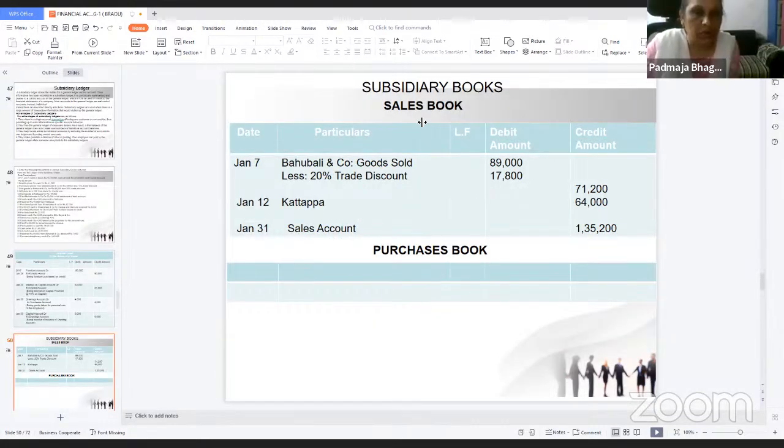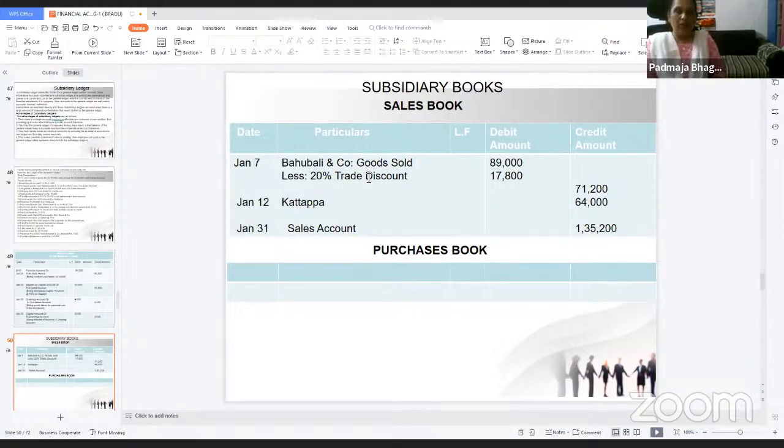Then sales book. In the sales book also, you will be writing that Bahubali and company have sold the goods for 89,000. They will be maintaining the 20% discount on this amount, so you have to take it: 89,000 minus 17,800 is 71,200. And Katappa again has made the sales, that is account of 64,000.